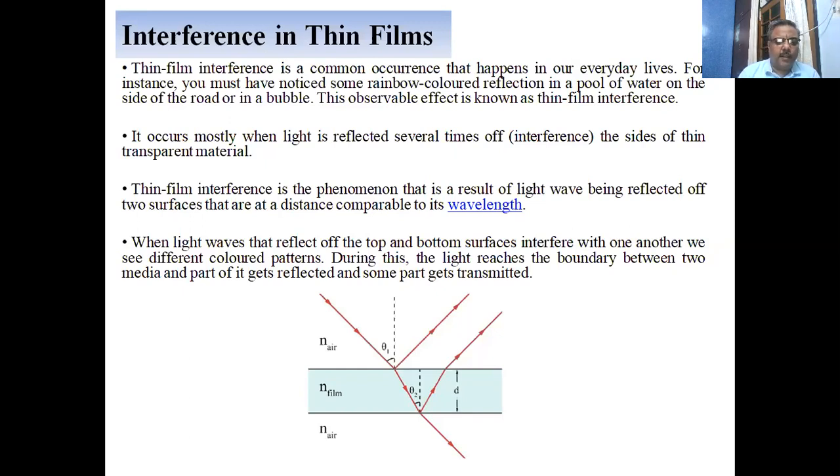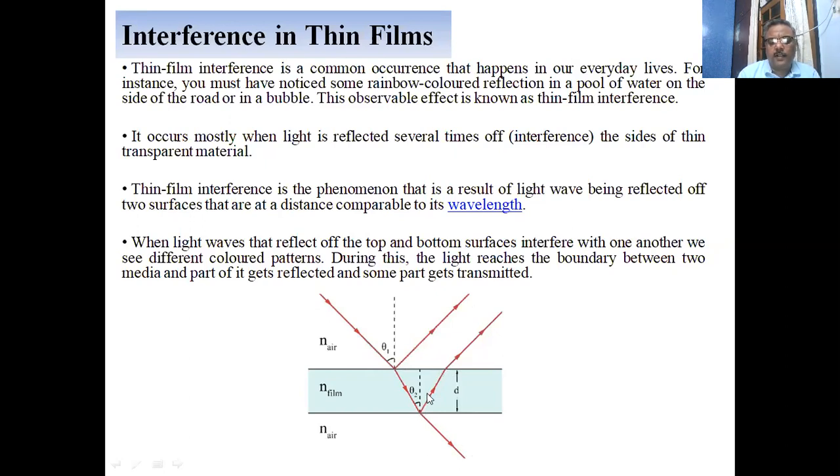So in principle, how does this take place? When a beam of light is incident on the surface of a film, it is reflected from the upper surface. Part of it is transmitted inside the medium by refraction, and this transmitted light is again reflected from the second surface, and some of it is transmitted outside the film.